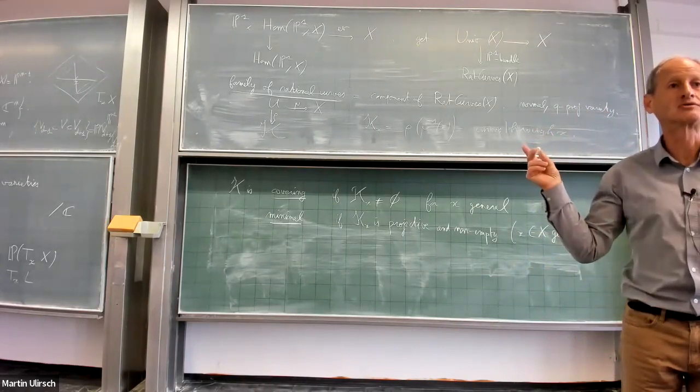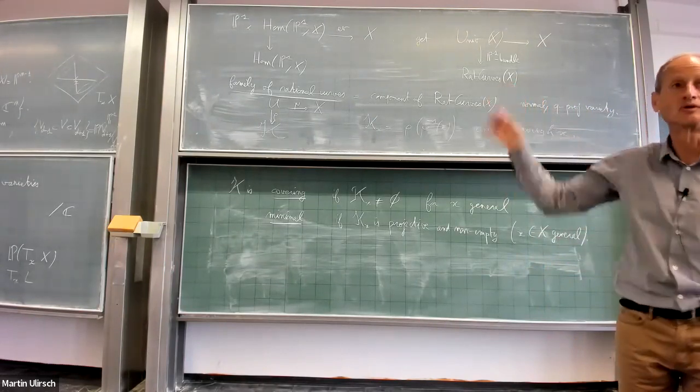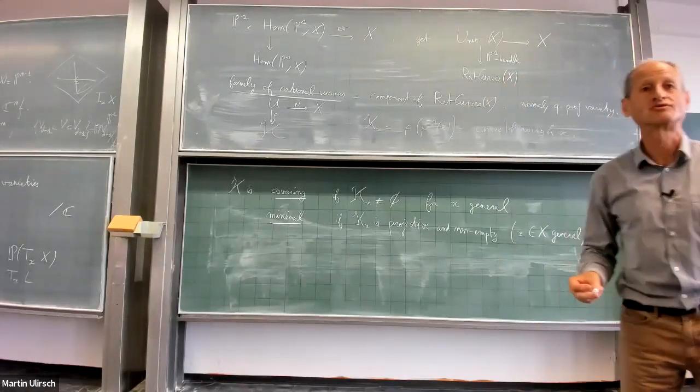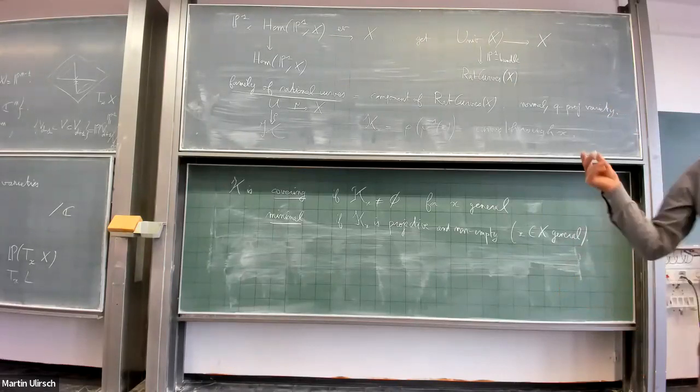In stability constructions you need an ample line bundle, but all these objects are intrinsically defined, and that's actually the main point of the talk: to any variety with enough rational curves, you associate in a canonical way some invariants, or some invariant spaces, and this is one of them.